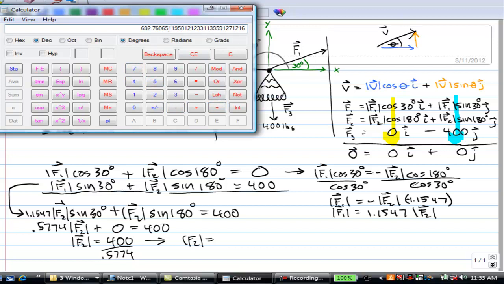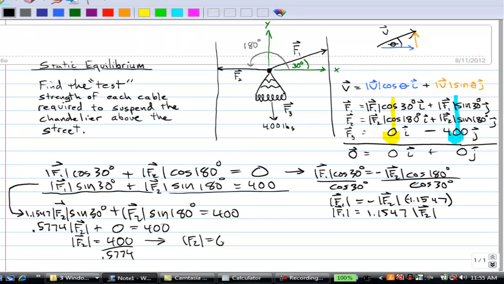That's 692.76. 692.76 what? What were we doing? We were finding the tension in a cable. It's 692.76 pounds. The test strength, the magnitude and the test strength of the cable that we need. It's the magnitude of the vector and the test strength.